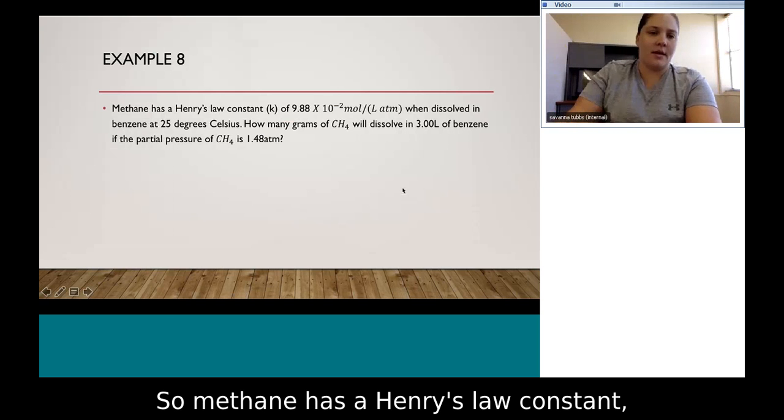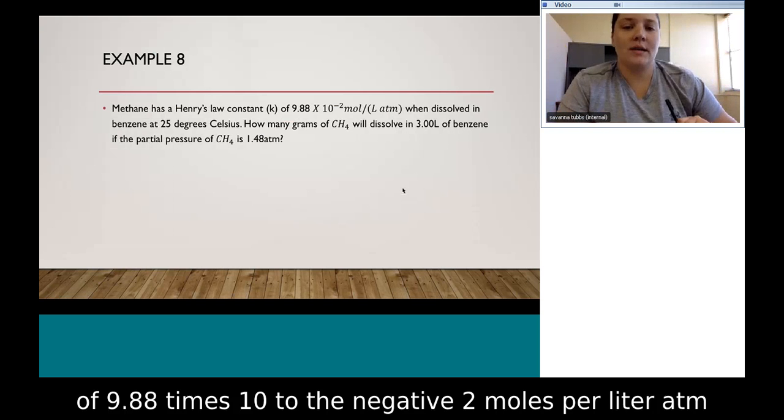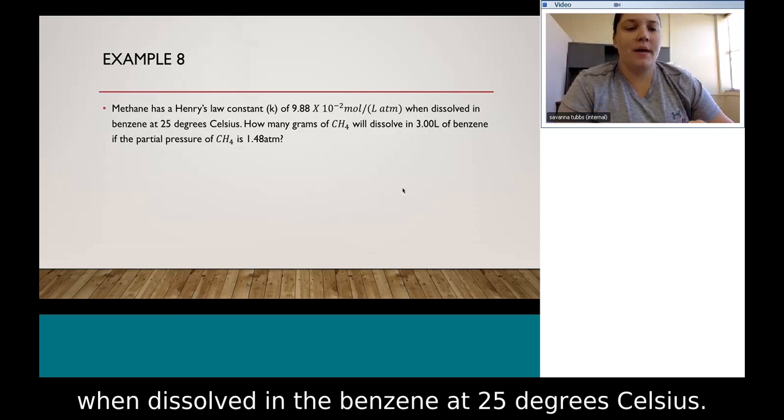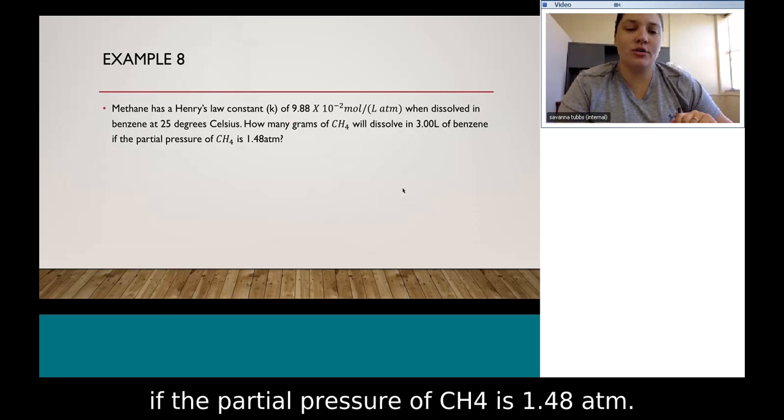So methane has a Henry's law constant, which tells us exactly what we're solving for, of 9.88 times 10 to the negative 2 moles per liter ATM, when dissolved in benzene at 25 degrees Celsius. How many grams of CH4 will dissolve in 3 liters of benzene if the partial pressure of CH4 is 1.48 atm?